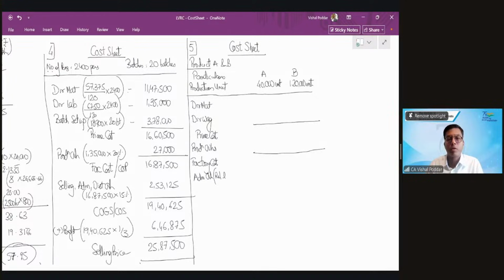Related to production. So this will be your cost of production. Correct? To this we add distribution.